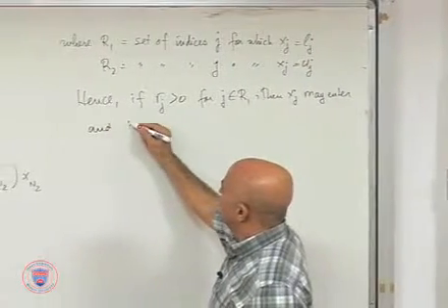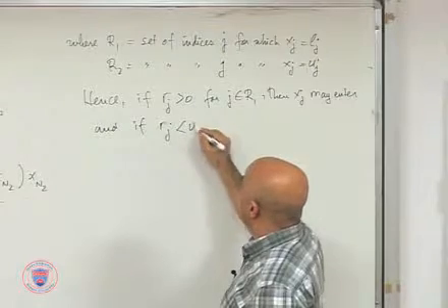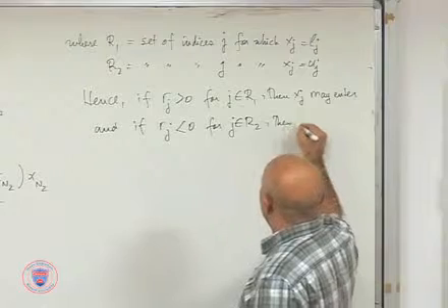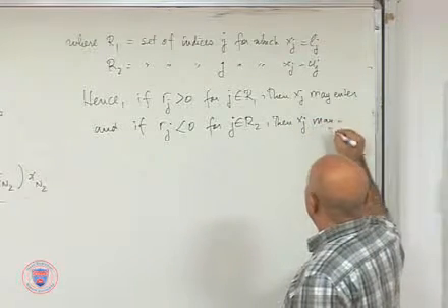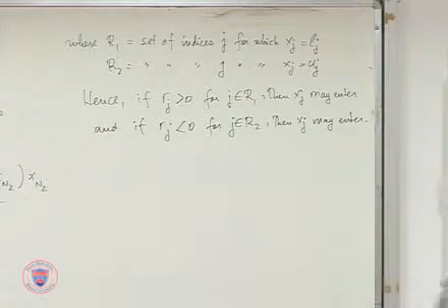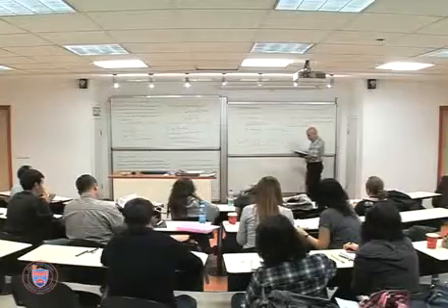And if rj is less than 0 for j in R2, then xj may also enter. Okay? So depending on which index set you're looking at, you either look for a positive reduced cost for lower bounded variables, and you look for a negative reduced cost if the current non-basic variable is at the upper bound. So things will be a little bit more complicated. So let's see.